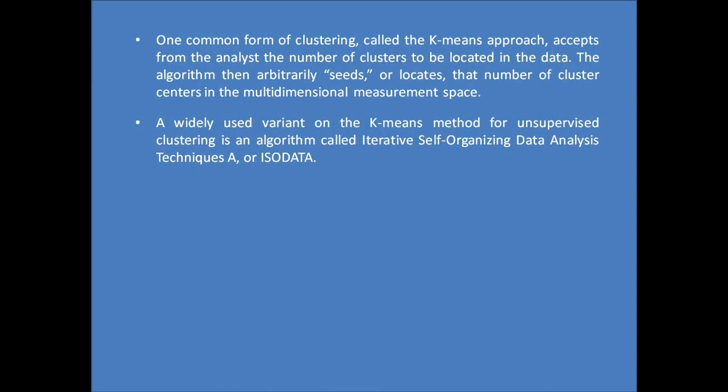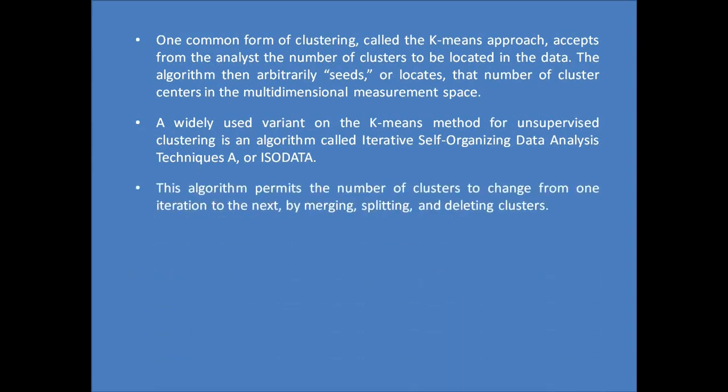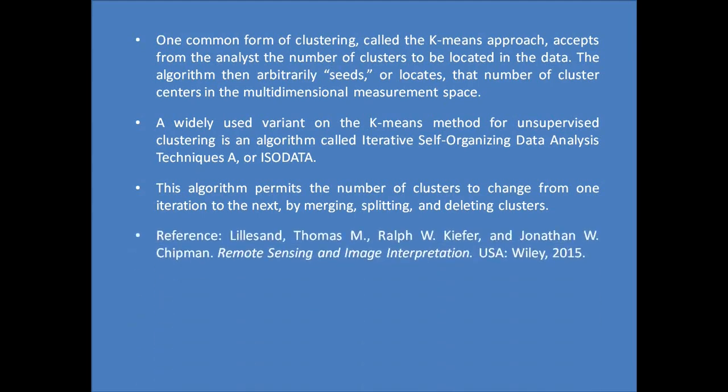A widely used variant of the k-means method is an algorithm called Iterative Self-Organizing Data Analysis Technique A, or ISODATA. This algorithm permits the number of clusters to change from one iteration to the next by merging, splitting, and deleting clusters.